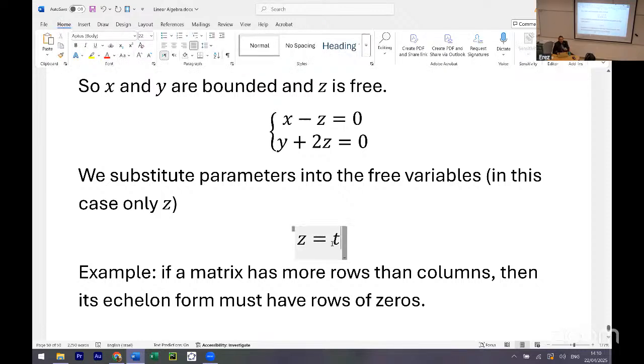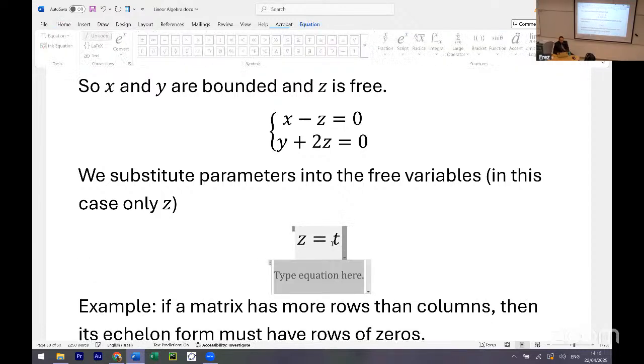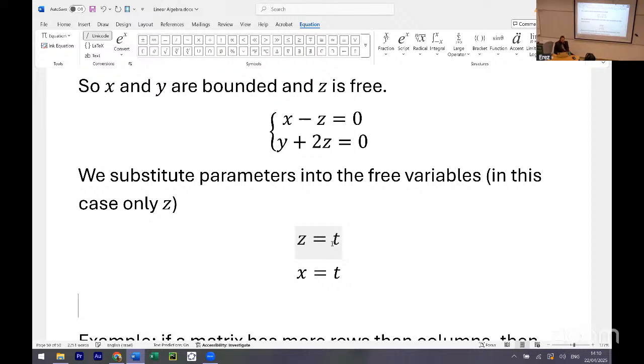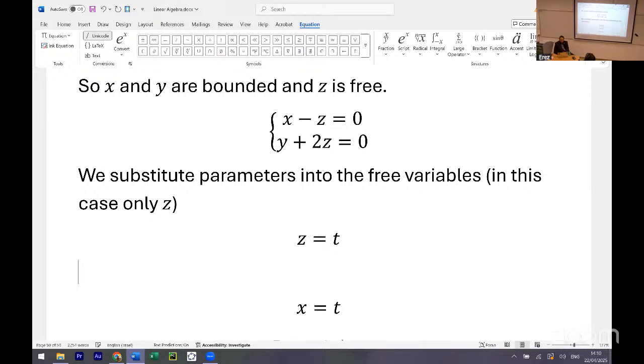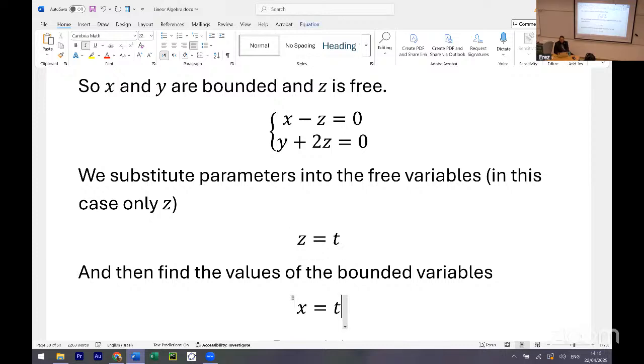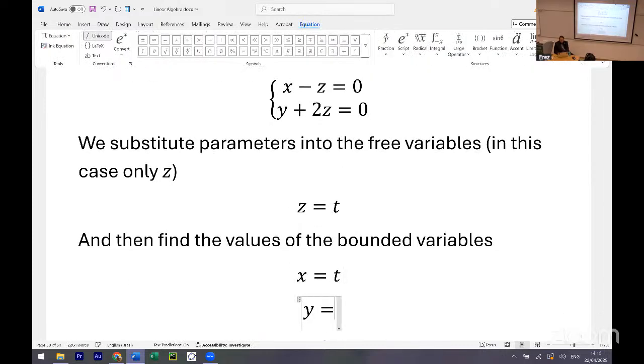But then after it, what does x equal? Simply t, right? And y, when we find the values of the bounded variables, x equals t, y equals minus 2t.